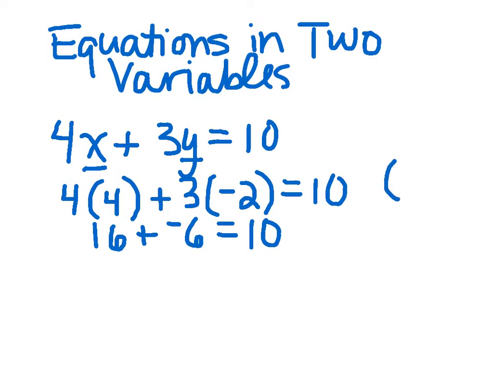That means that, and we write these as an ordered pair, (4, -2). And as I'm sure you've probably jumped to, oh yes, I've seen ordered pairs. That has to do with the coordinate plane.